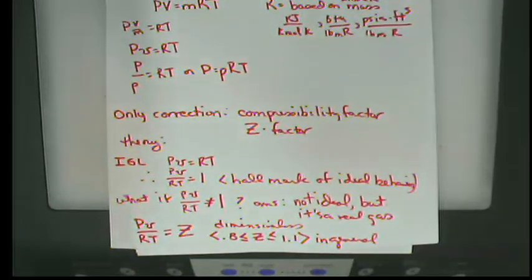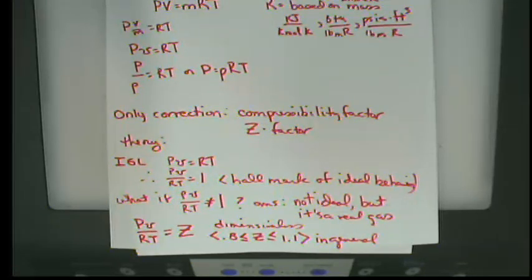But basically, what I've decided to talk about today is the fact that we can use the ideal gas equation, PV equals nRT, or PV equals mRT, for ideal gases.